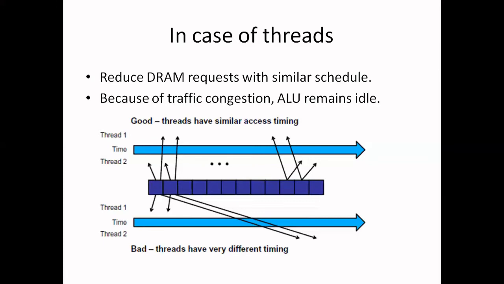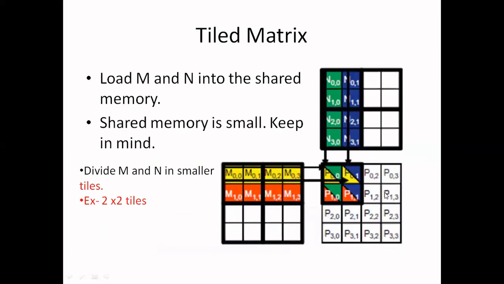This is only possible if these multiple threads access the data within a limited time span. If they have totally different timing, it may not be a wise decision to keep the data in shared memory. The next thing that we can discuss is the tiled matrices.